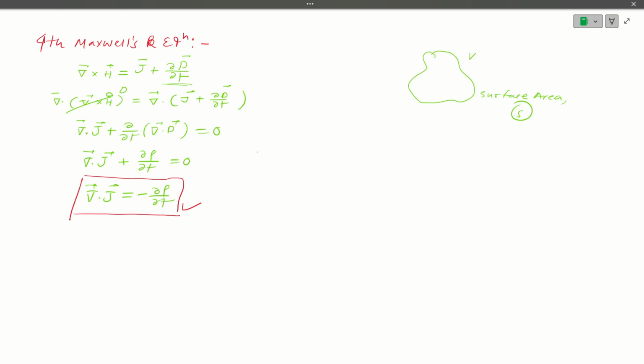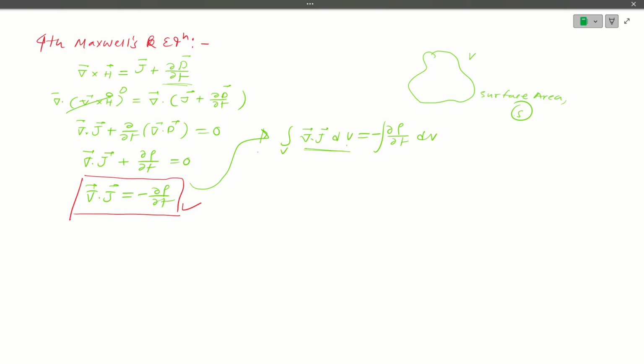If we volume integrate both sides of this expression, then we get the integral of divergence J dV equals minus del rho by del t integrated over dV.